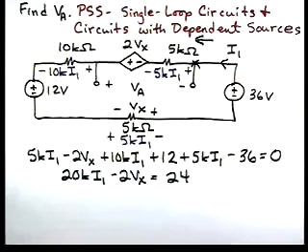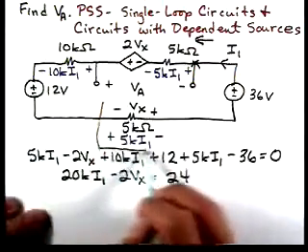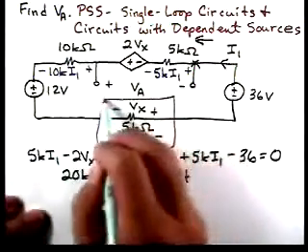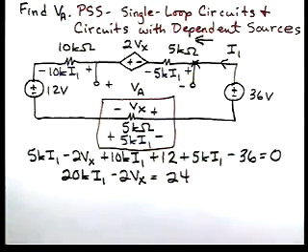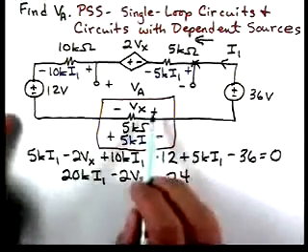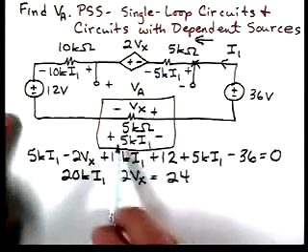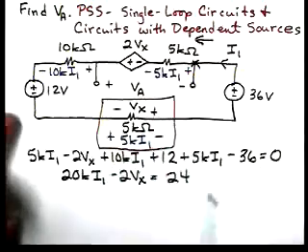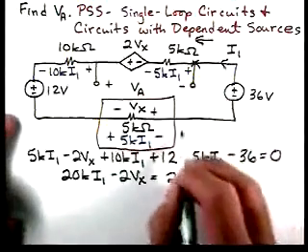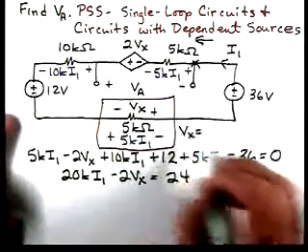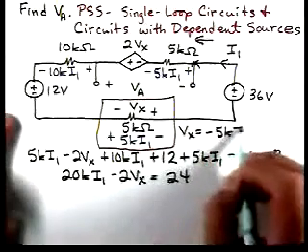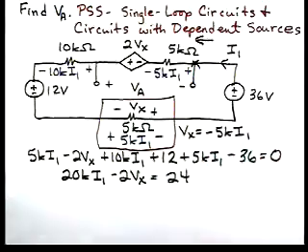Now we're going to express the controlling variable Vx in terms of our unknown current I1. If we look at this resistor, the way Vx is defined, and the polarity here as determined by the defined current, Vx is equal to minus 5K I1.